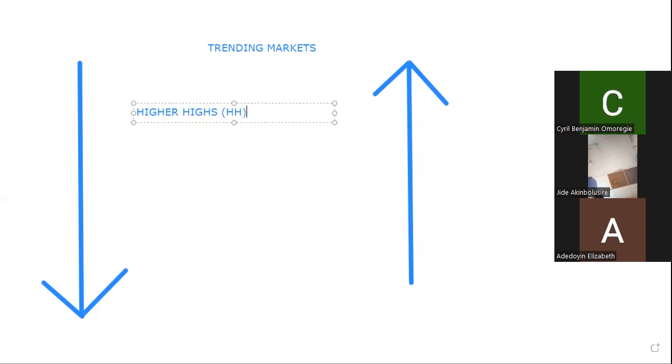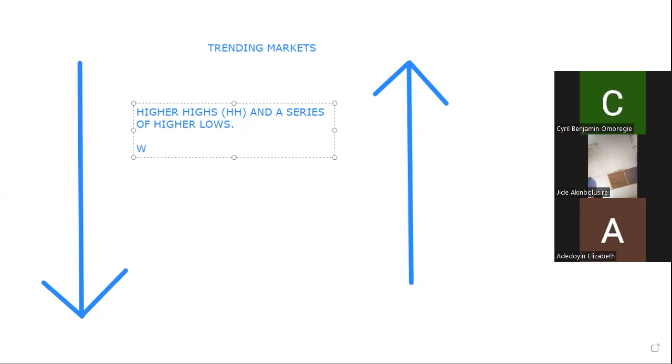In front of that, you can put in bracket HH. That's what you'll be seeing on the chart. And a series of higher lows. That is, something is an uptrend when it keeps creating higher highs and higher lows. Full stop. So in bracket, you can put uptrend. That's the first characteristic of an uptrend. It creates a series of higher highs and higher lows.